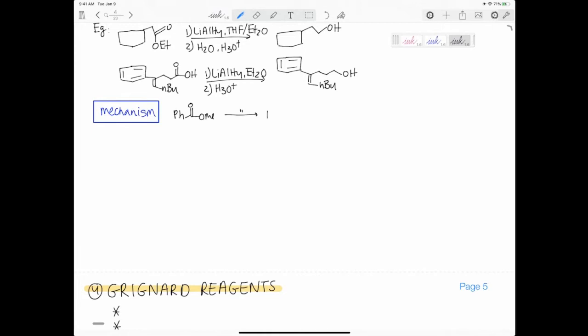Okay, using the same conditions, and I will show you how we're going to get a primary alcohol. You could either just put water or you could just put H3O plus. It really doesn't matter. Let me just make this a slash. You could put both as well. That's fine. Okay, mechanism.